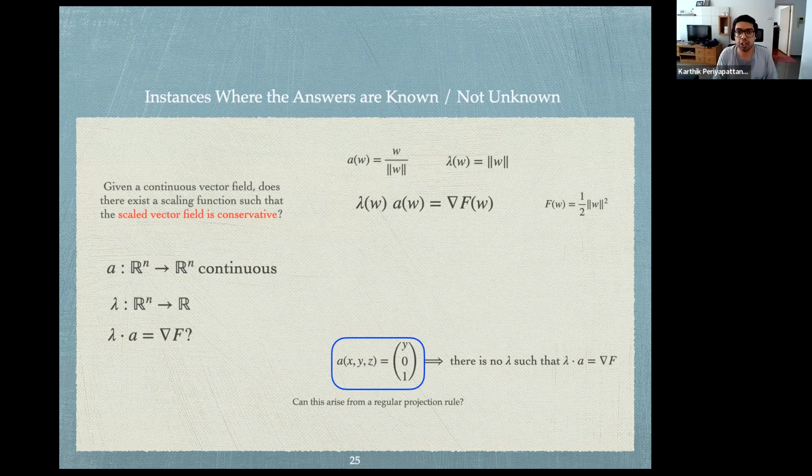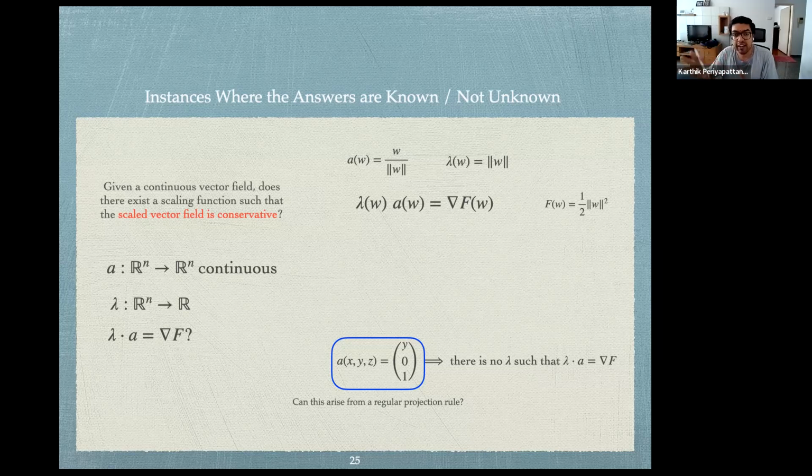Rather, we are starting with a projection rule, possibly regular, and we want to understand what regularity means in a projection rule. We know that regularity means there is a vector field which is continuous. I am taking examples for the continuous vector field and trying to understand whether it can be transformed into a gradient form, into a conservative form.